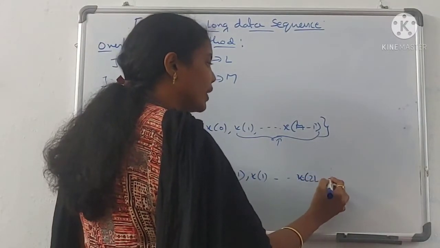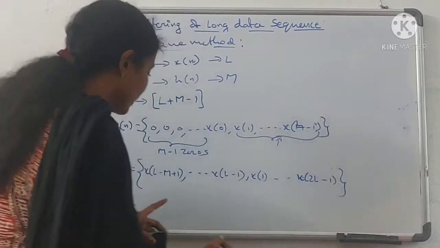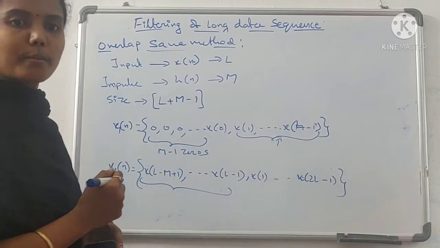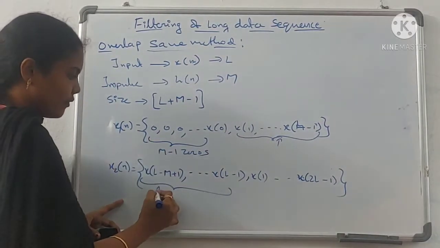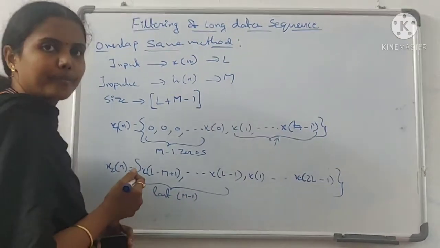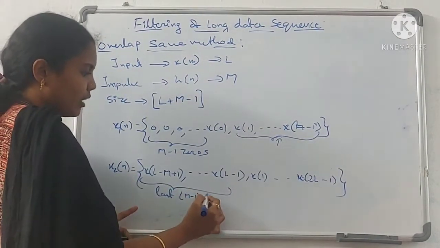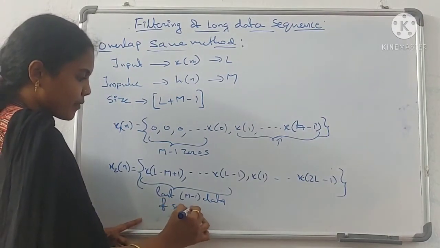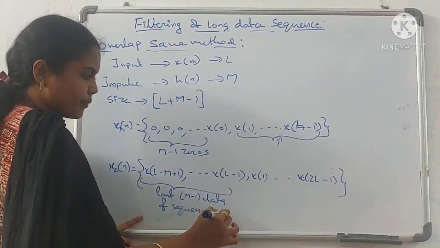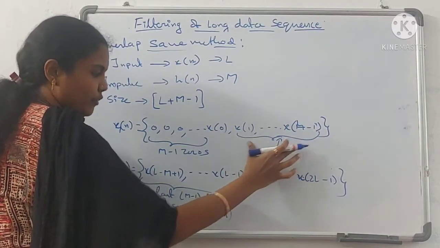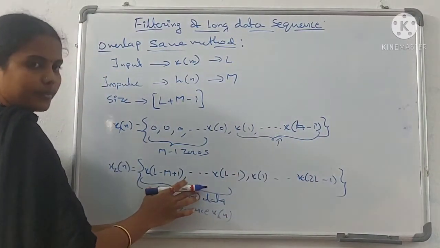These inputs are called the last M minus 1 data of the sequence x of n. That means this data will be taken here.